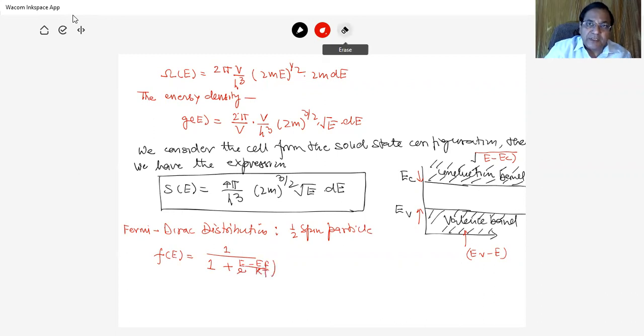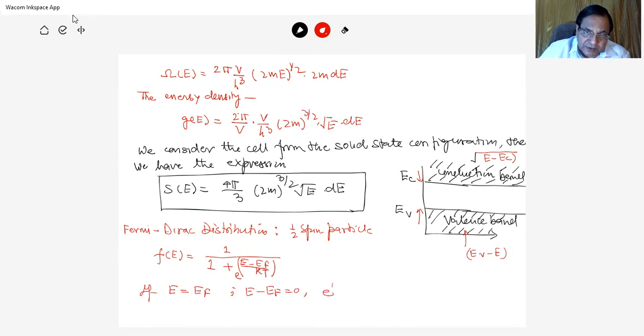This is the exponential power of whole. So if E is equal to EF, means E minus EF is equal to 0.